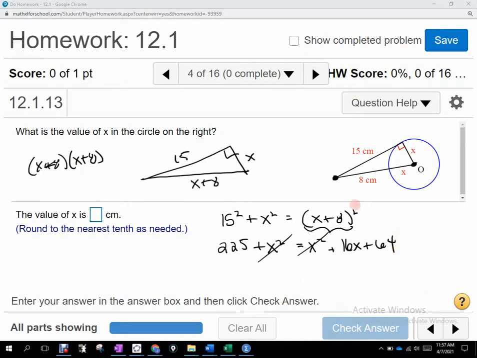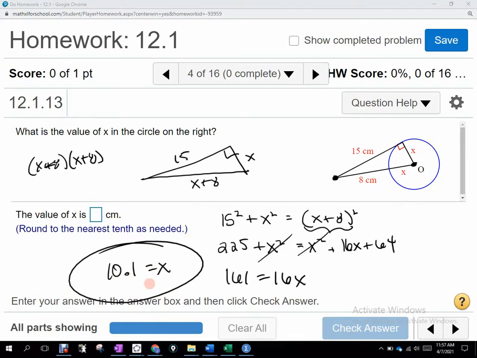If I subtract 64 from both sides, it's 225 minus 64, which is 161, equals 16x. Divide that by 16 and round it to the nearest tenth. That's about 10.1. This is our x value.